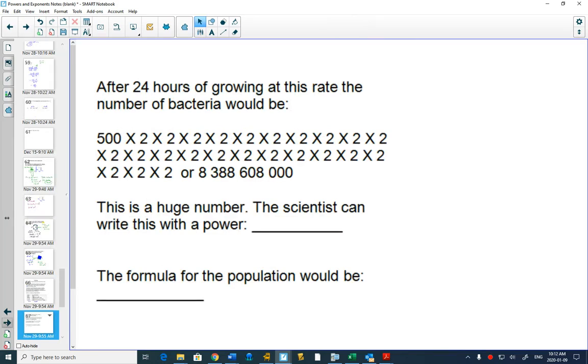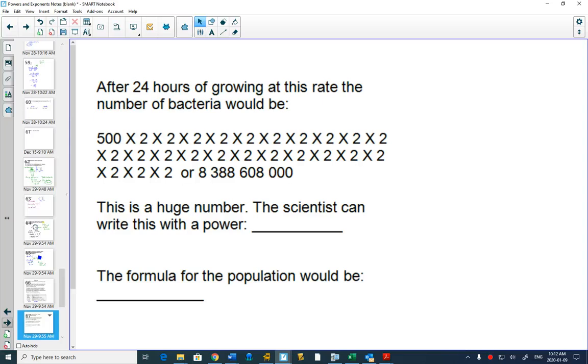24 hours later, can you see that you could double it once for 1 hour later, then again, then again, and so on. Can you see that writing all those times 2s could be a little bit annoying?